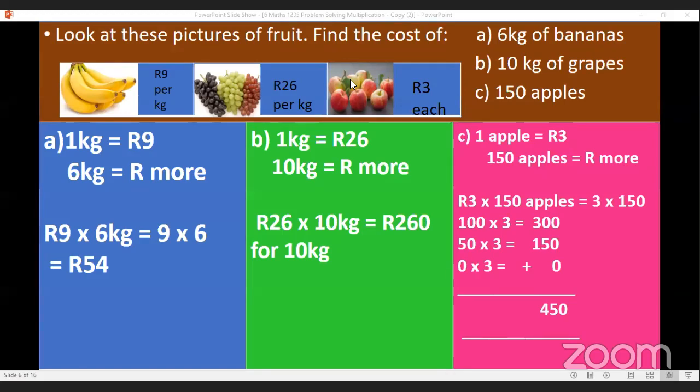Let me see. Who else cannot see what is projected? Okay, the others are saying they can see the work. I think maybe it's your network. Are you using Wi-Fi?